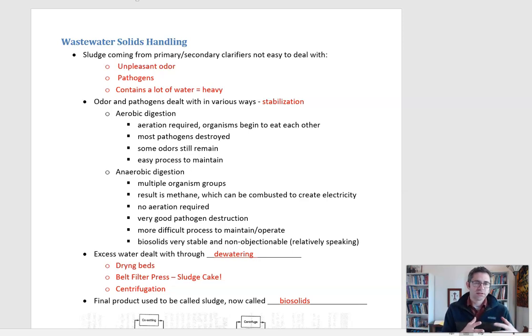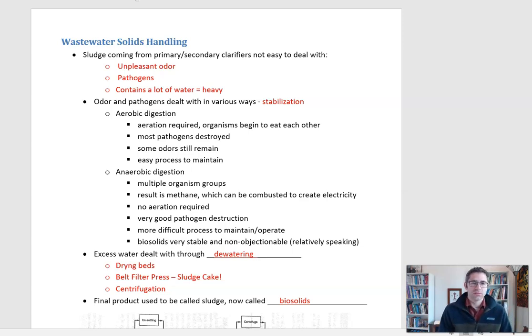Very simple process. Nowadays, more modern processes typically either use aerobic or anaerobic digestion. I would say anaerobic digestion is the more popular of the two in most treatment facilities, but aerobic digestion is still quite common and around.